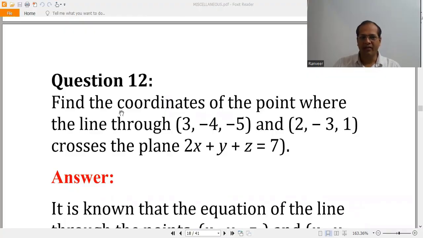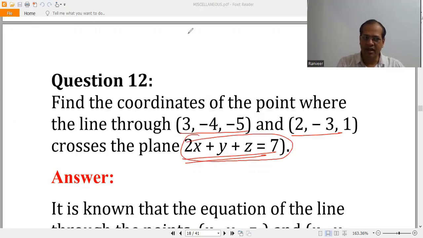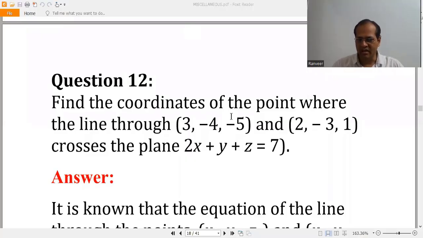Question number 12. Find the coordinate of the point where the line through (3, minus 4, minus 5) and (2, minus 3, 1) crosses the plane. Now, the line is passing through these two points, but the line is crossing the plane. This is the plane that is given. It is a similar type of question to what we discussed earlier.